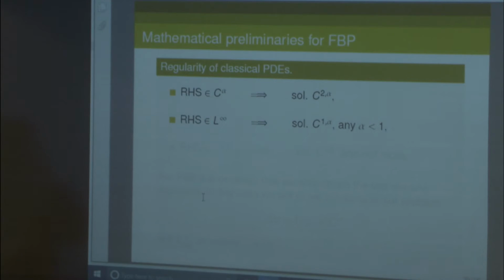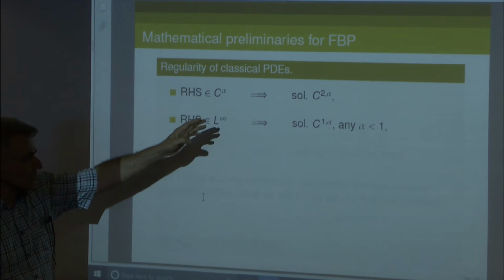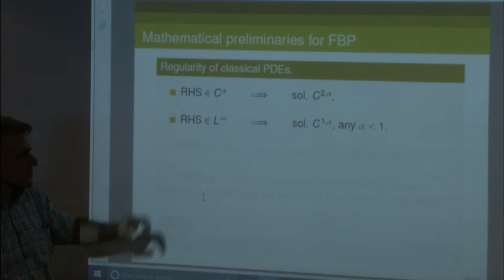If the right-hand side is Dini continuous, then you get C2 with no alpha anymore. It's C2 and I don't think you get the Dini continuity back. I think you get half of that or something. Anyway, Dini gives you C2, C alpha gives you C2 alpha.